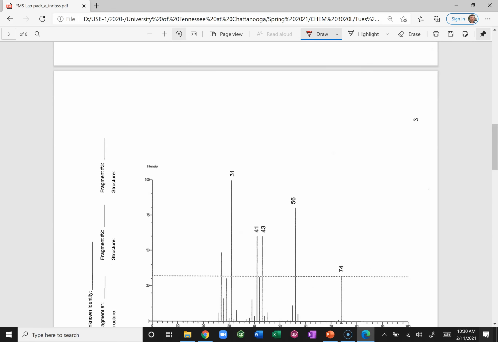Option number 1. So I look for my, so it says 74. So this is my n plus. From 72, which ones do we see that we have? Oh no, this is 74, not 72. 74 will be 1-butanol. So my options are 1-butanol, and the other one with 74, oh yeah, this one.